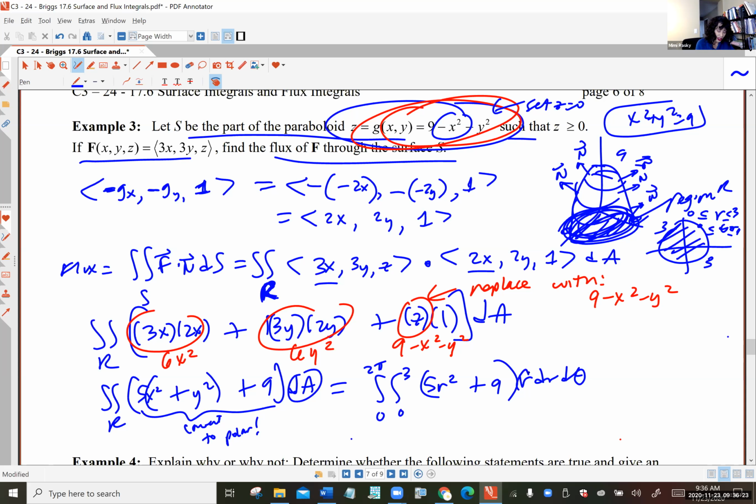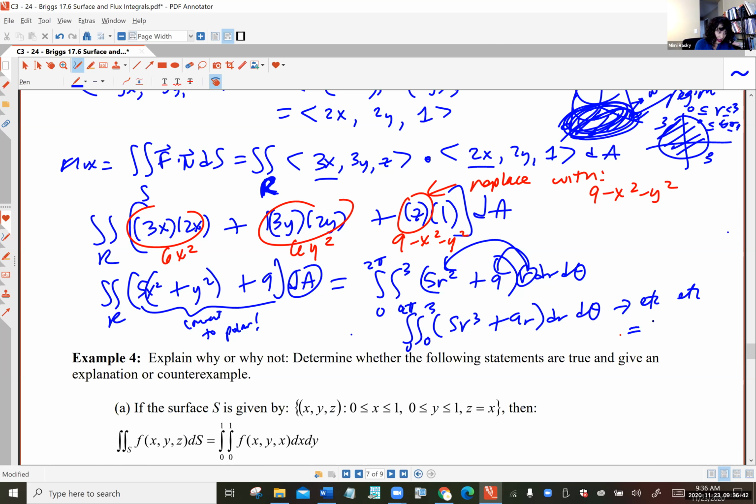And so then, of course, you're going to want to distribute your r before you integrate, so that you have your r taken care of before you integrate with respect to r. And this is a pretty easy double integral because, you know, polynomial. So I'll just let you finish it up. I'm sure you can. So go ahead and do that. Then you should get 567 pi halves, which is a positive number.